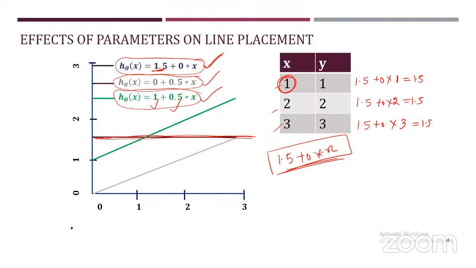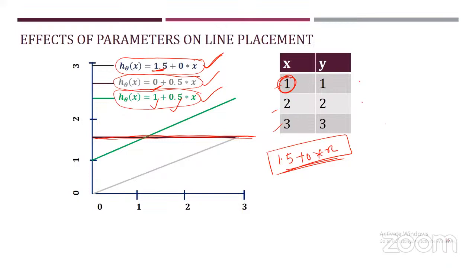Okay. Coming to the other part, instead of this, let's take the other one. Suppose we take 0.5. Hopefully all of you are able to relate it. In this case theta naught is 0, so it is not having any contribution.